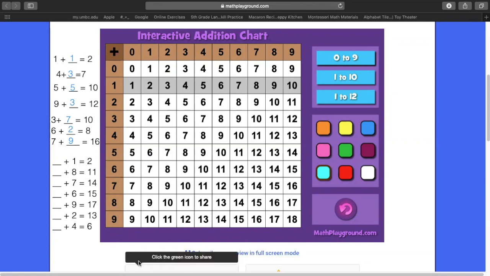Wow, see if we draw a line from the 2 all the way up, we find that the answer is 1. That's pretty cool. So we're going to write in the second row, 1 plus 1 equals 2. That one's pretty cool.